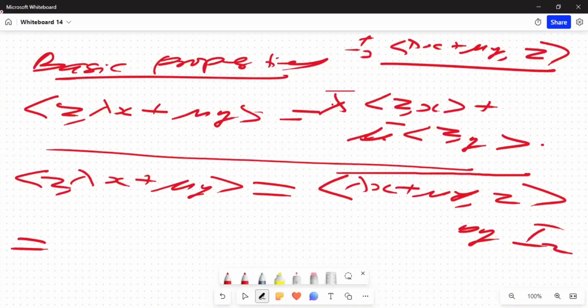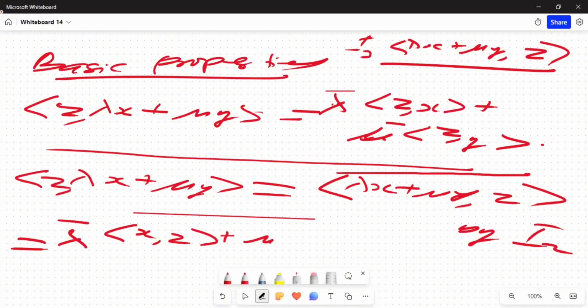So the whole of this is equal to, of course, you recall you can bring this one out. The conjugate is affecting everything, so I can bring it out. Lambda conjugate is still outside. It's a complex number. So inner product of x comma z conjugate, plus mu, this conjugate is already affecting everything, y comma z.